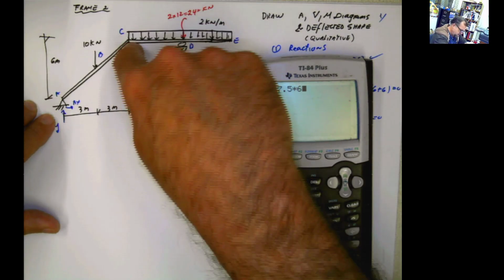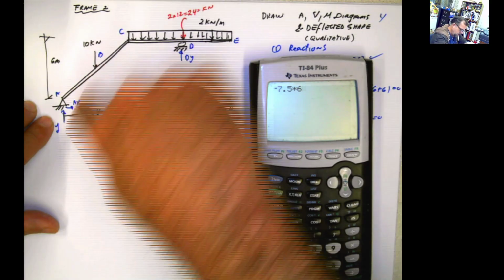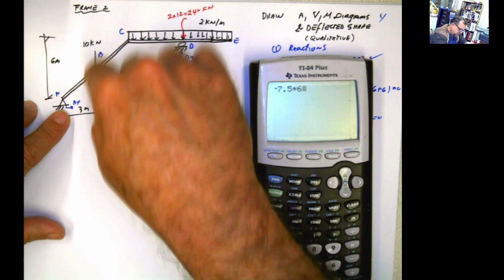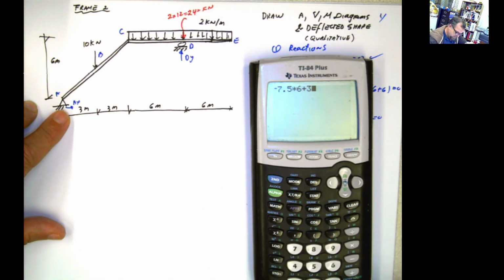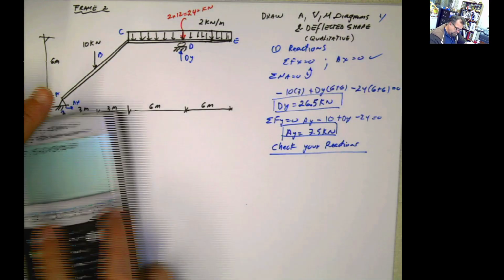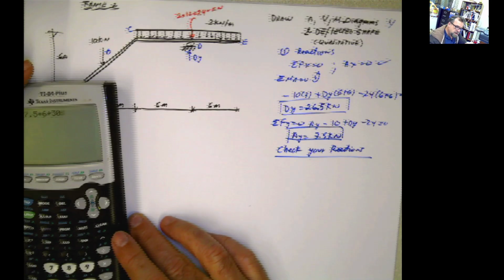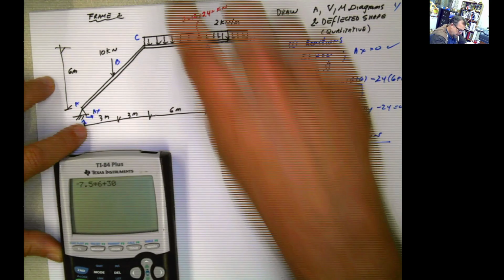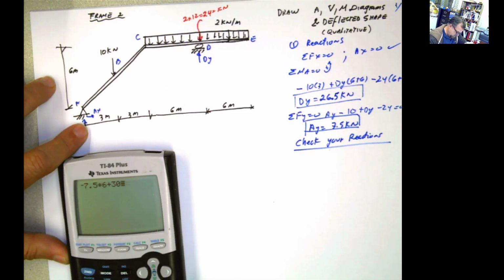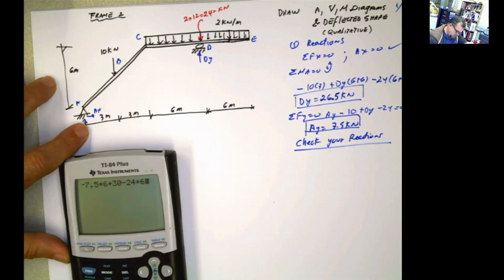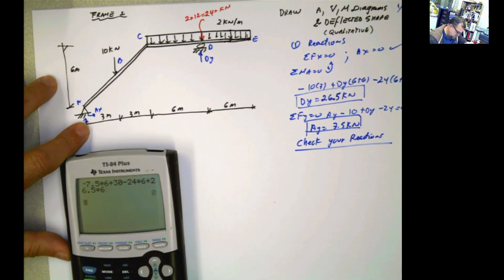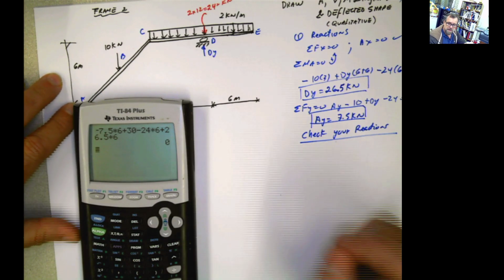Negative 7.5 times 6, plus AX is 0, plus 10 times 3 plus 30. Then I have minus 24 times 6 plus 26.5 times 6. 0. That means that my reactions are correct.